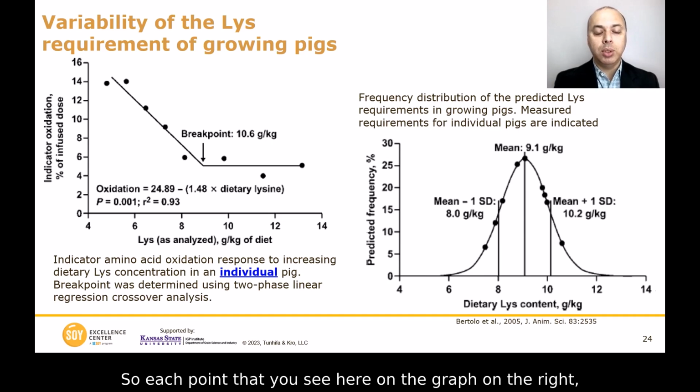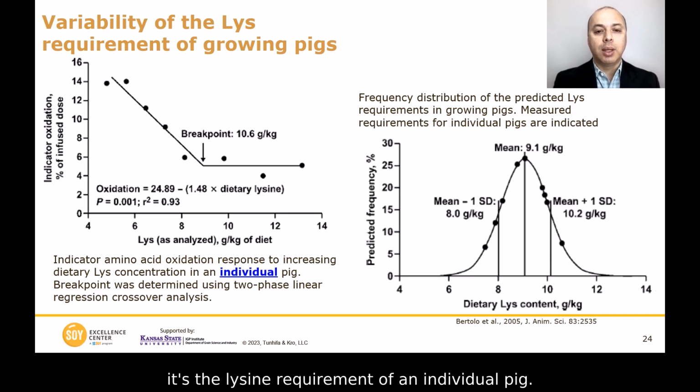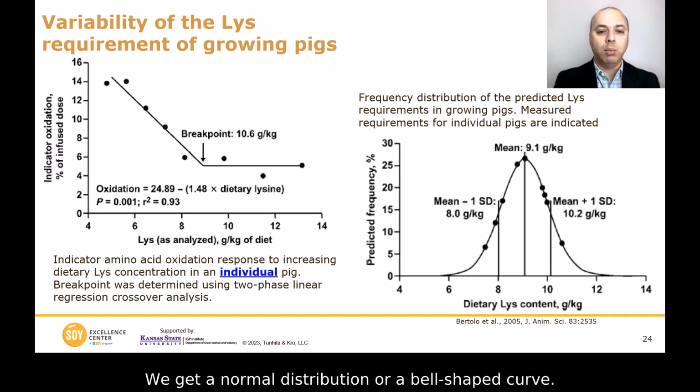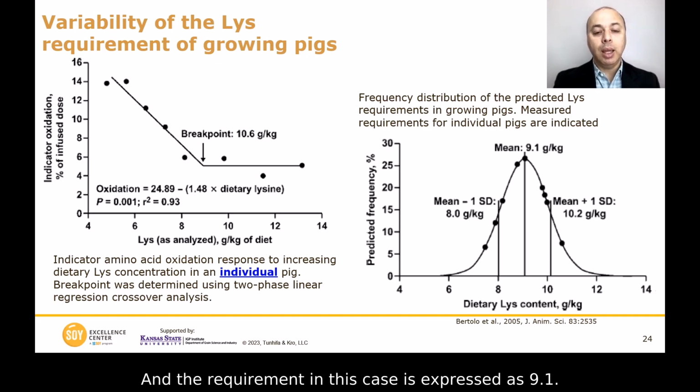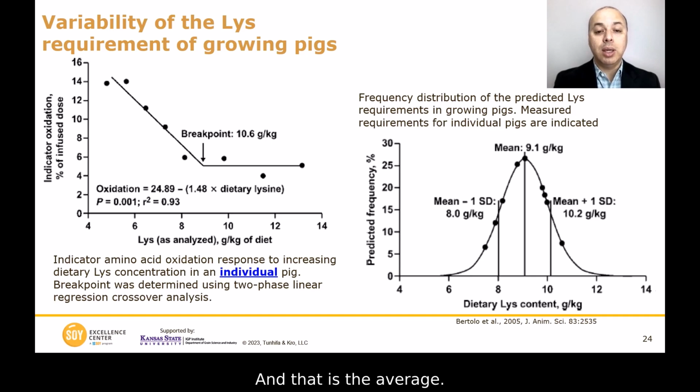So each point that you see here on the graph on the right is the lysine requirement of an individual pig. And lo and behold, what do we get? We get a normal distribution or a bell-shaped curve. And the requirement in this case is expressed as 9.1, and that is the average.